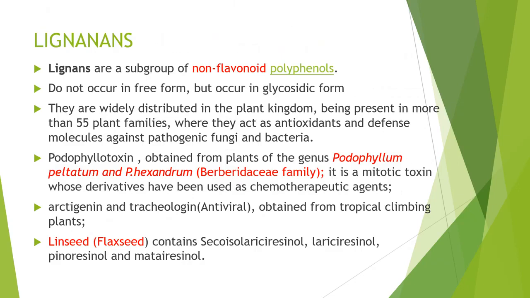Then lignans. Lignans are a subgroup of non-flavonoid polyphenols. Understand? They do not occur in free form but occur in glycosidic form, that is, the glycosidic linkage involving O glycoside, C glycoside, and N glycosides.